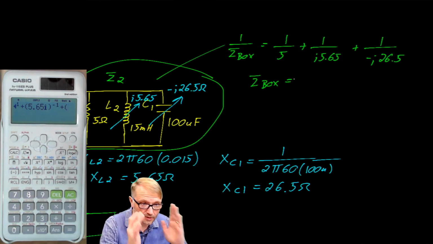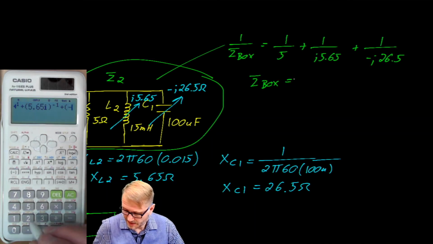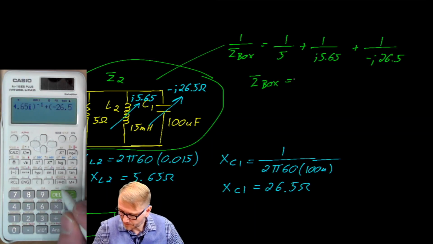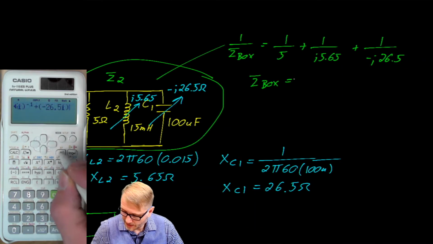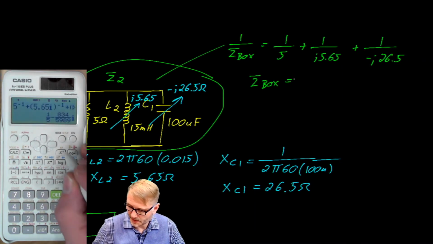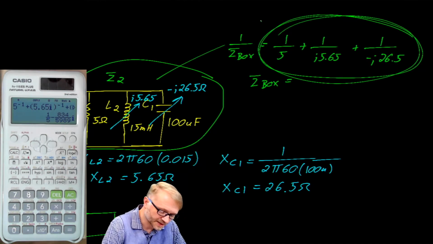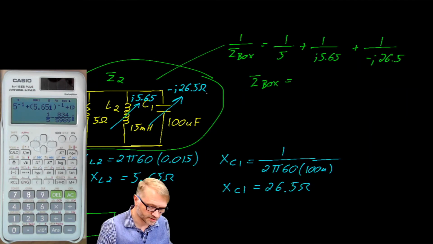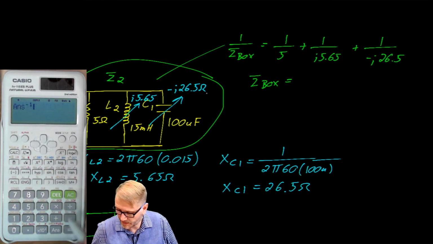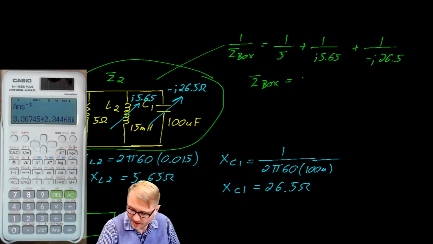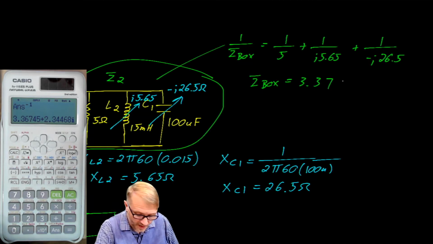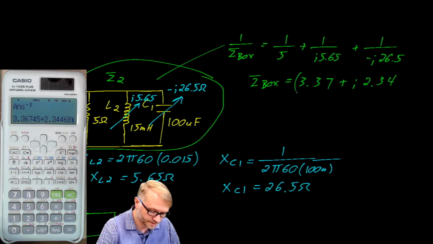Plus, again using parentheses, negative 26.5j invert, equals. That takes care of this side of the equation, but don't forget this side here, which means you need to invert this. So invert, and there is our impedance. So the impedance of the box is 3.37 plus j2.34 ohms.